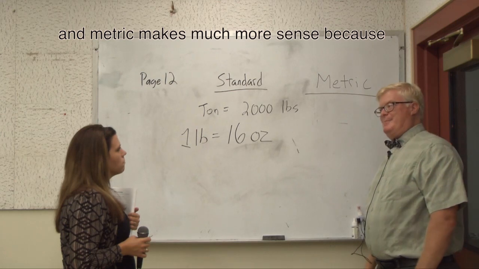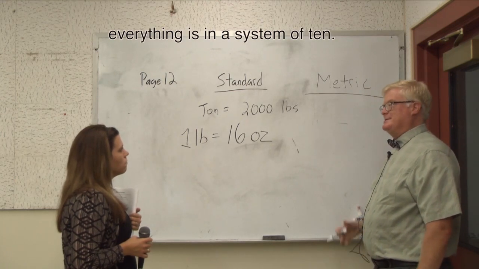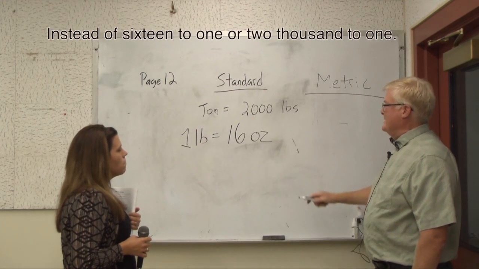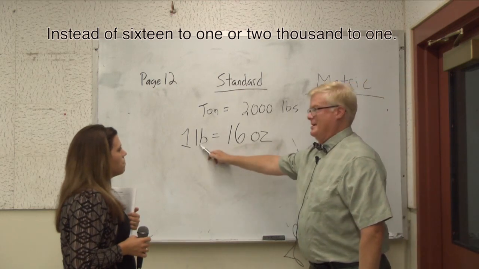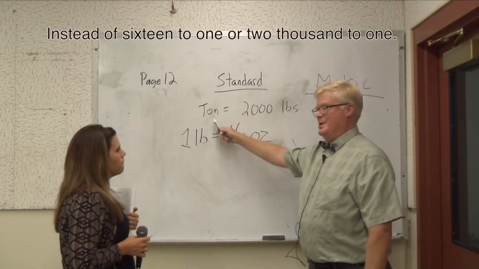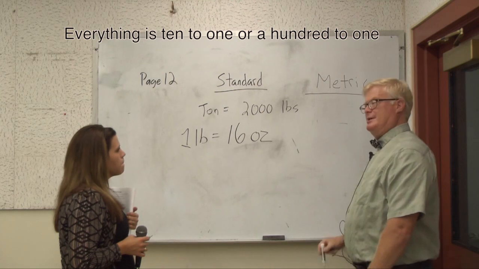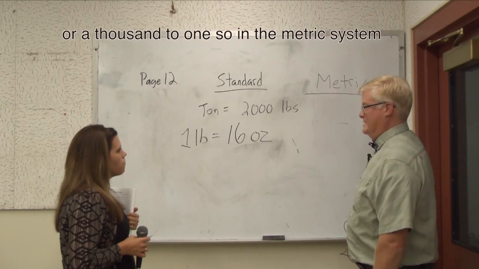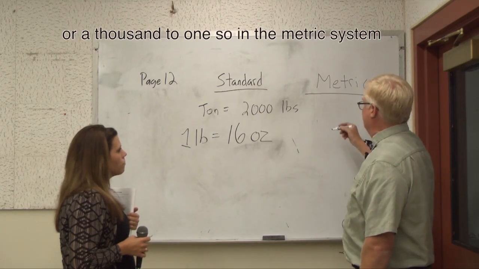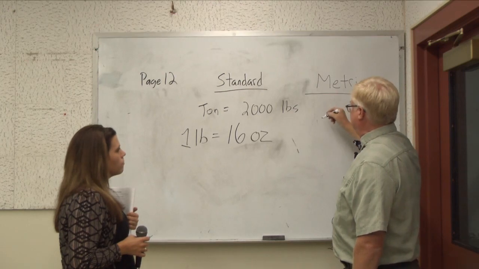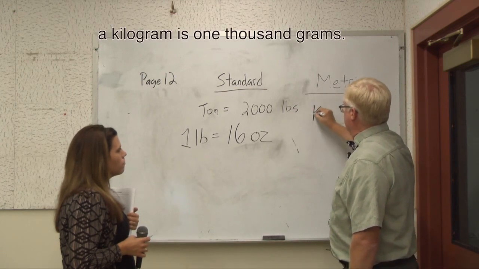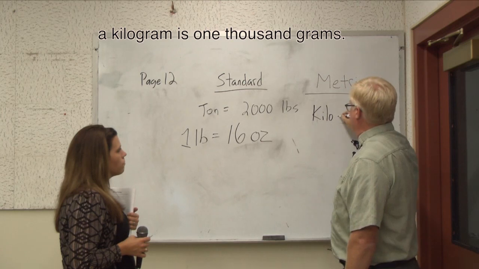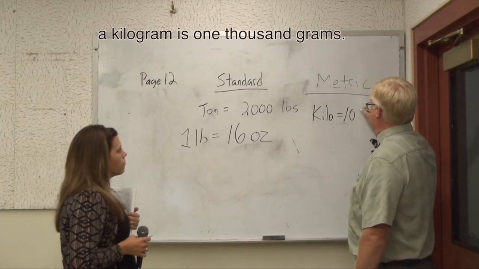And metric makes much more sense because everything is a system of 10. Instead of 16 to 1 or 2,000 to 1, everything is 10 to 1 or 100 to 1 or 1,000 to 1. So, in the metric system, a kilogram is 1,000 grams.